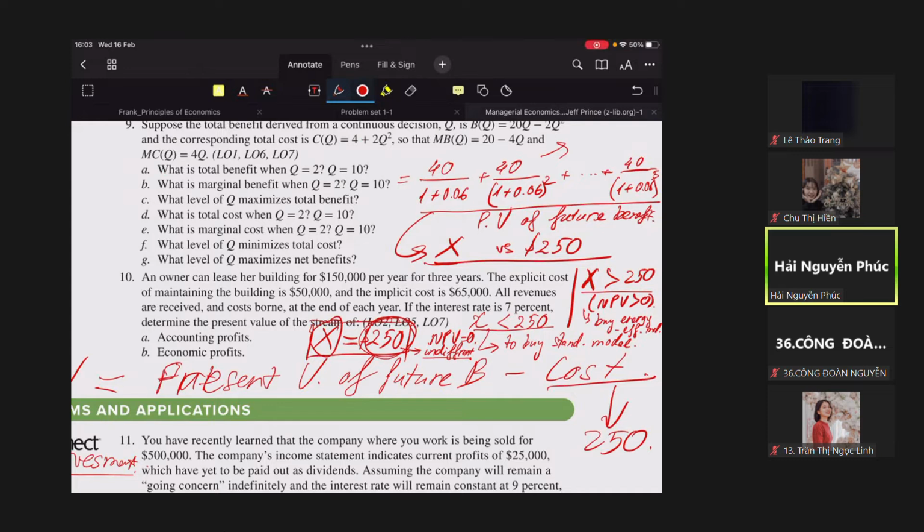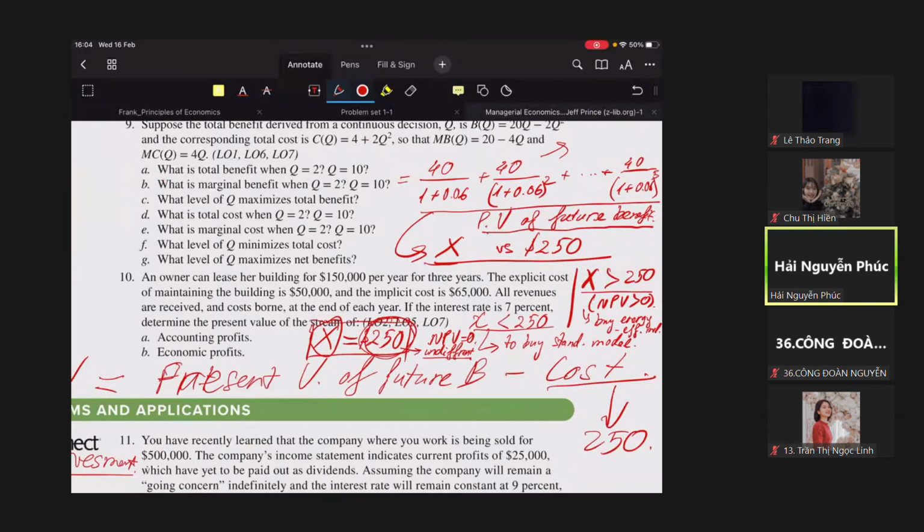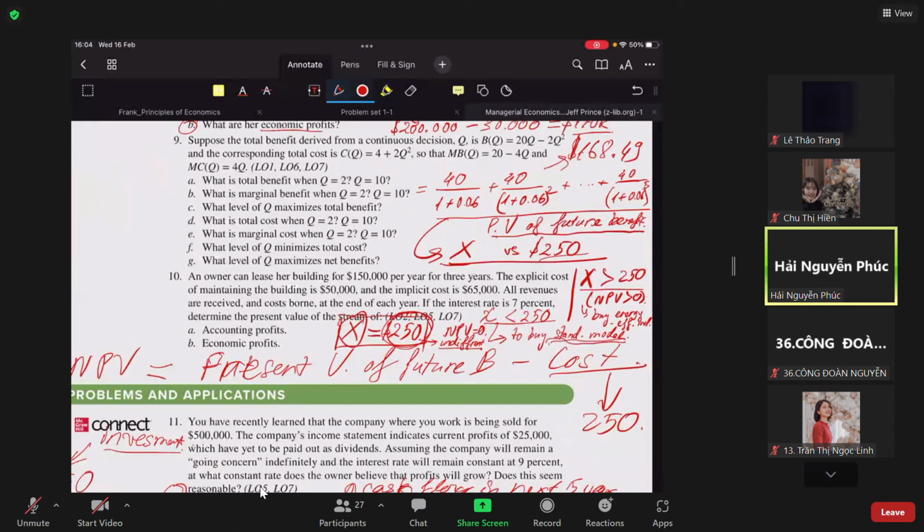You will find out that the present value of future benefit is going to be equal to $168.49. So we can see that it is lower than 250, and the answer for this question is that you will buy the standard model, right? All right.